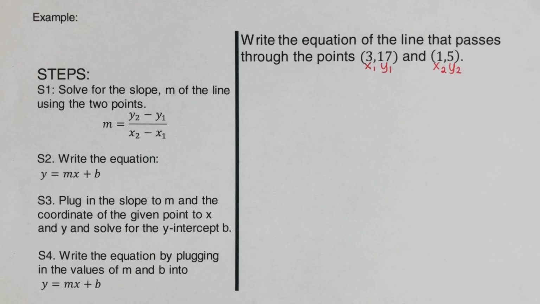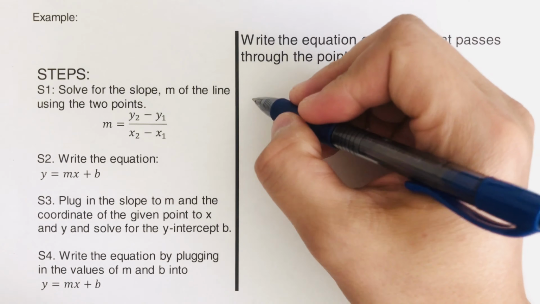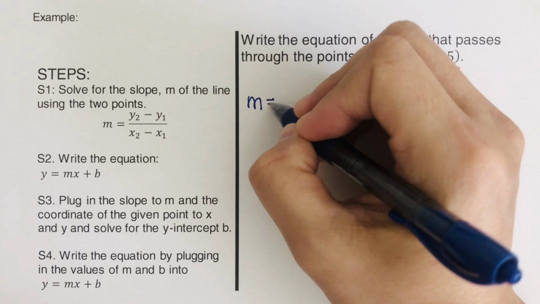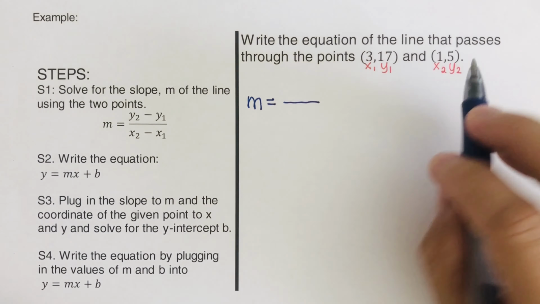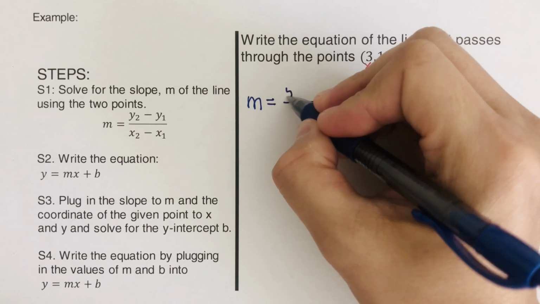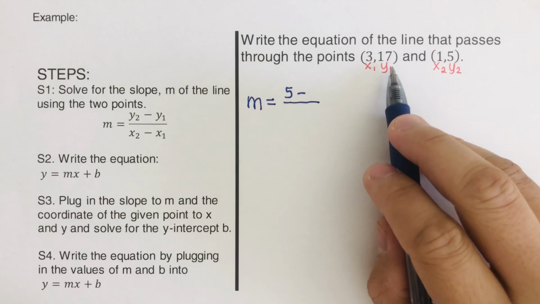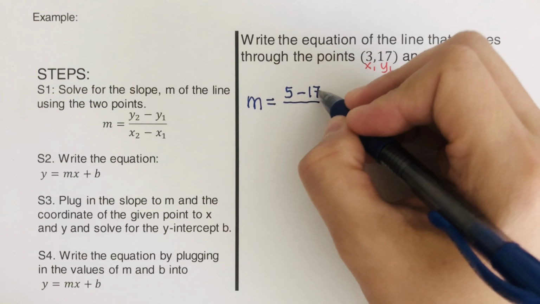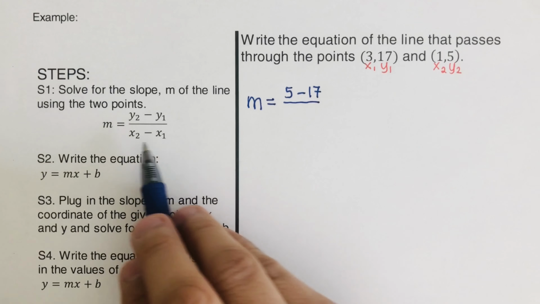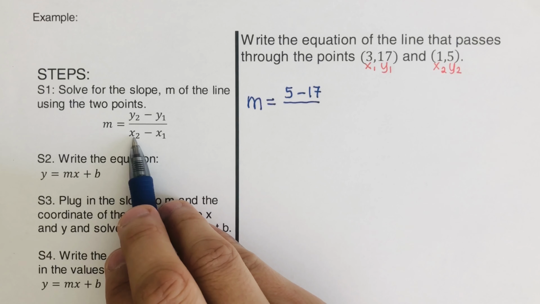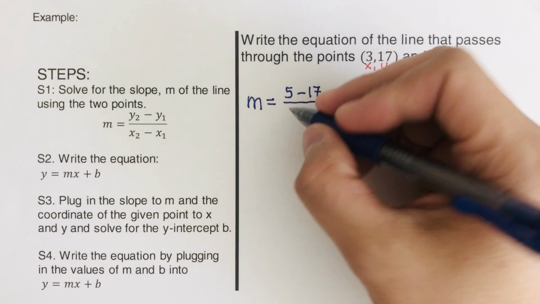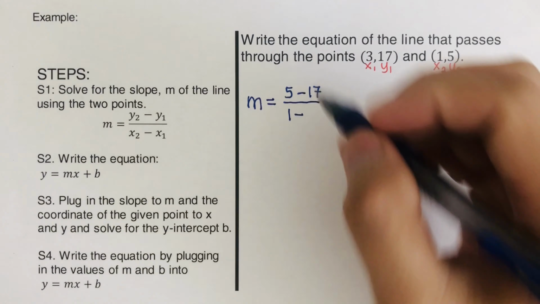We use the first step. We find the m. So our m is equal to our y sub 2 in this problem here, which is 5, so I write 5 minus our y sub 1, which is 17. Again, I use this equation right here. Next, at the bottom, or the denominator, we start with x sub 2. X sub 2 is 1 minus x sub 1, which is 3.